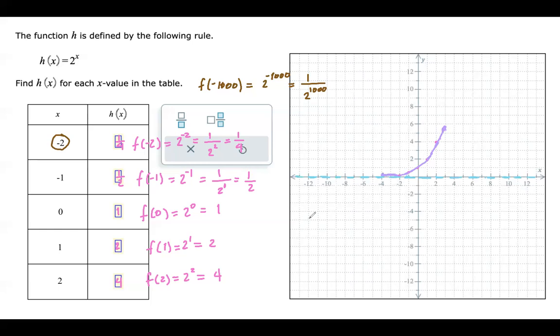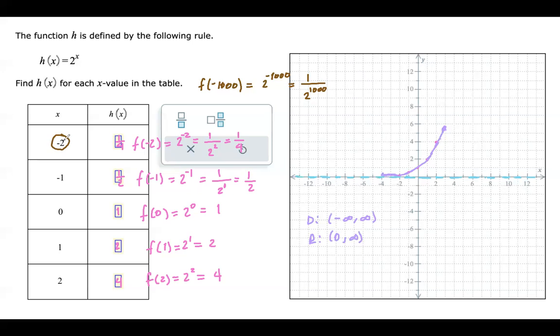So in this case, the domain of the function is, if you notice, we can use pretty much any x value that we want, so the domain goes from minus infinity to infinity. And the range is going to be restricted by the asymptote. In this case, the asymptote is at 0. So the range goes from 0 to infinity.